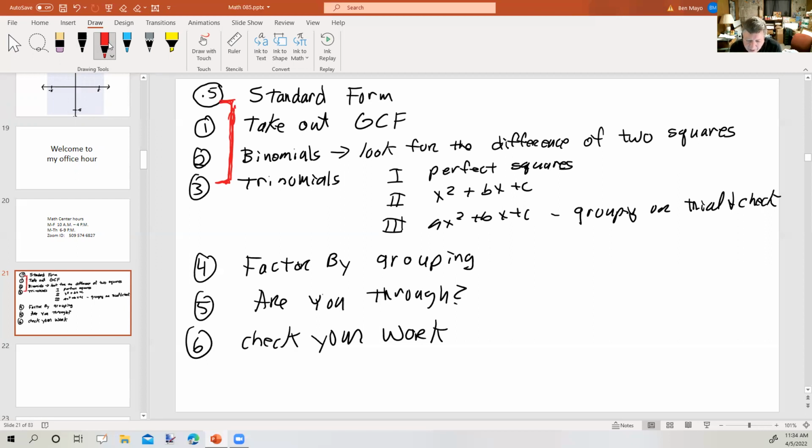If you're dealing with a binomial, more important than standard form is, can you write it as a difference of two squares? We looked at a problem yesterday where one of the ways we factored out a -1 and the other way we just switched the two terms around. So with a binomial, we're not so much concerned about standard form as we are about difference of two squares. I'm going to refer back to this list as we look at problems.